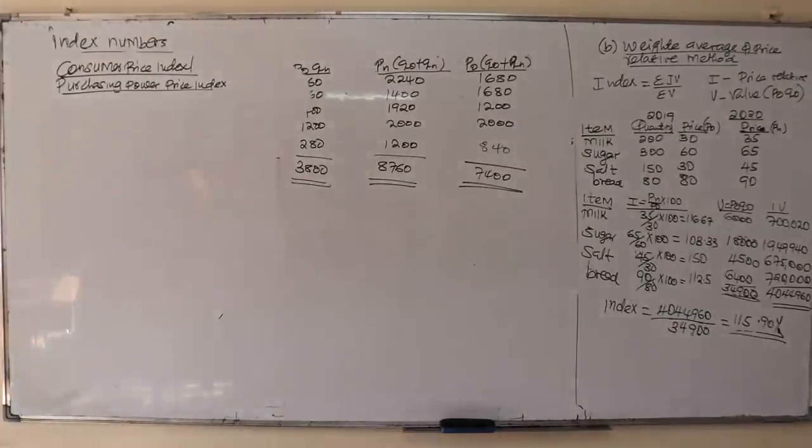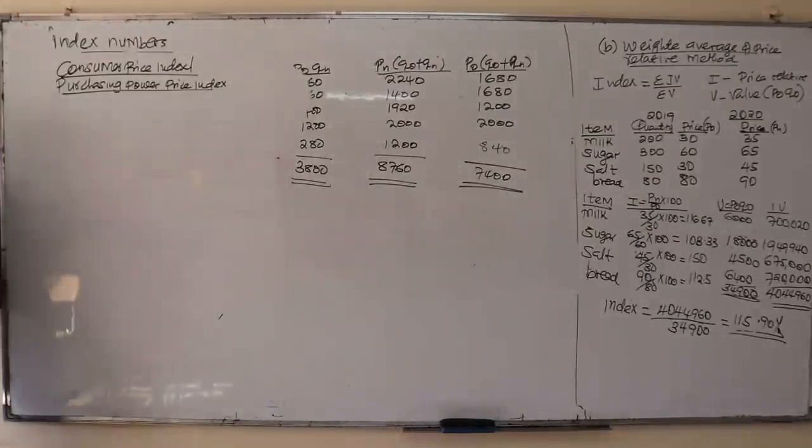Uses of consumer price index. Number one, negotiation of wages by trade unions.